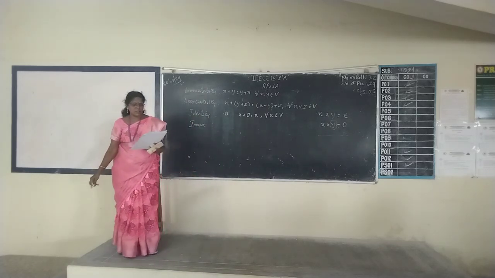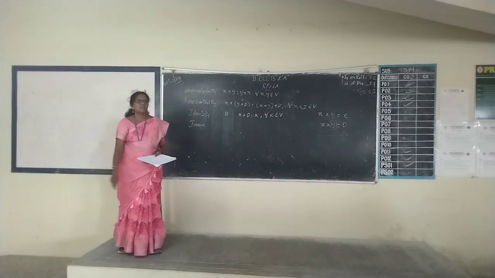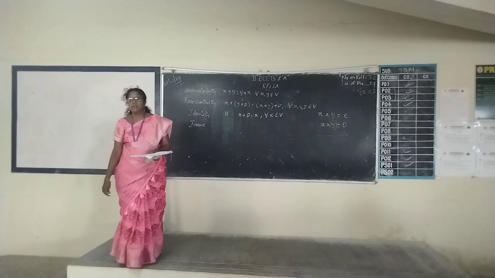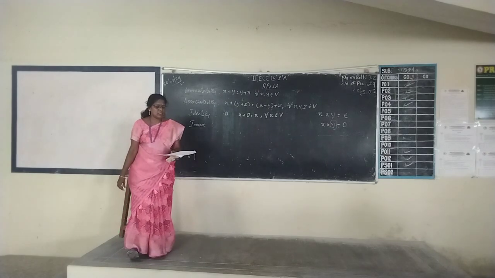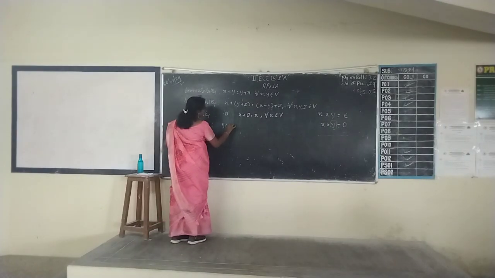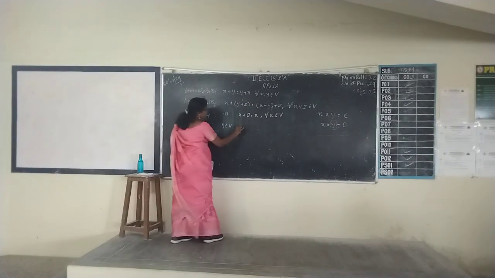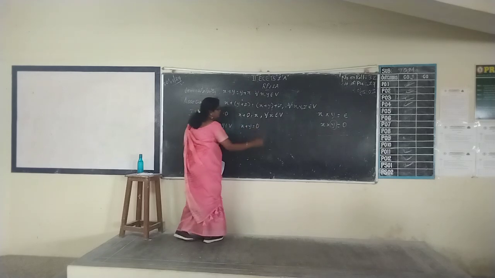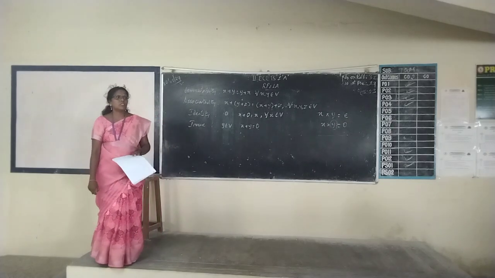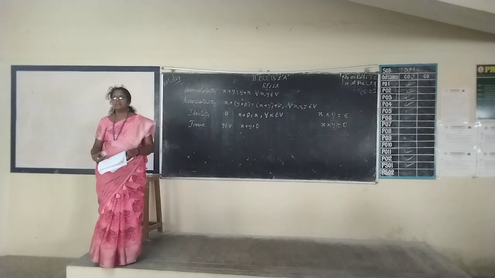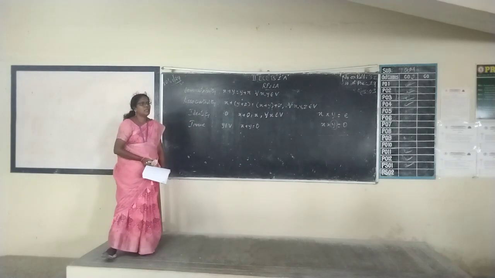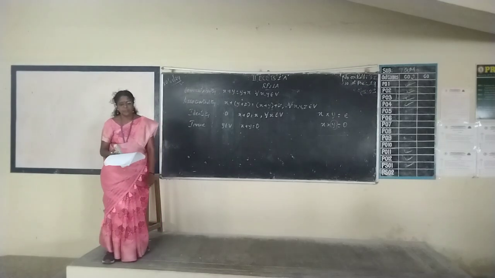So write, inverse: for each x in B, there exists y belongs to B such that x plus y equal to 0. Then y is called the inverse of x.